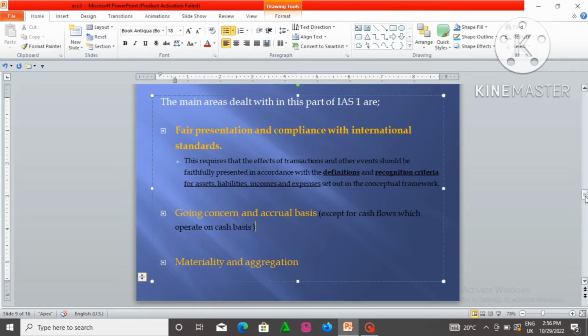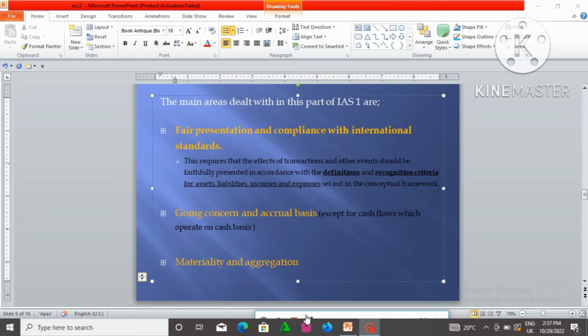So if you know the definition of an asset, before you go ahead to classify something as an asset, you should look at its definition and then the recognition criteria to see whether that item actually fits to be an asset. That is what they basically mean, before you go ahead to add it into a certain class of transaction. So it needs to be in accordance with the definitions and recognition criteria for assets, liabilities, incomes, and expenses as set out in the conceptual framework.